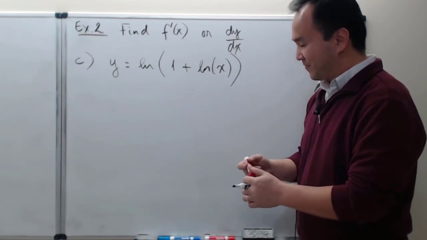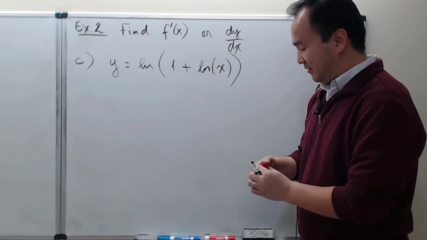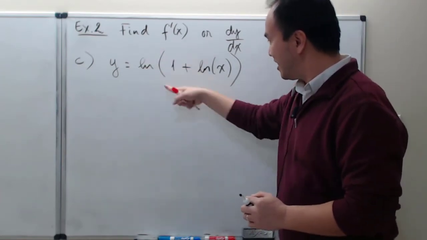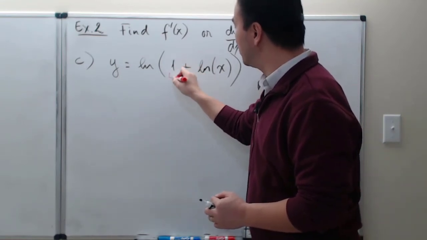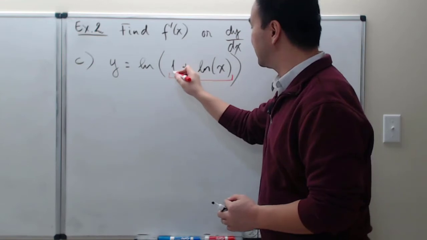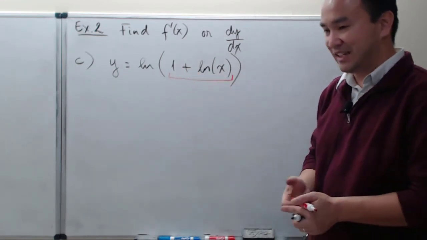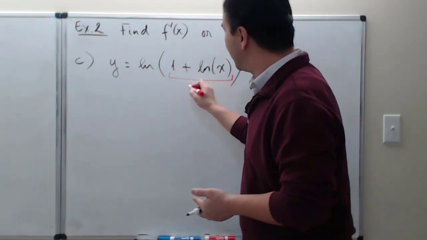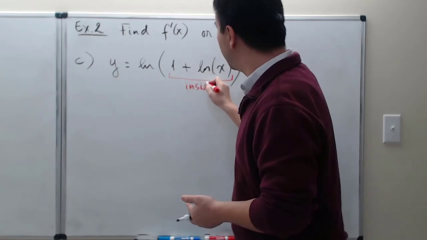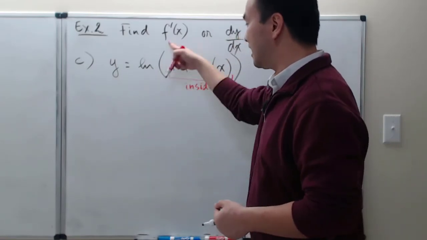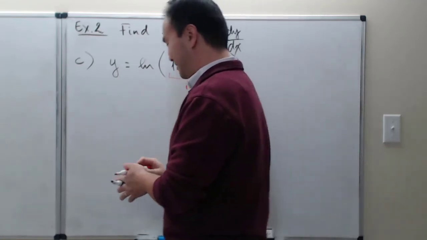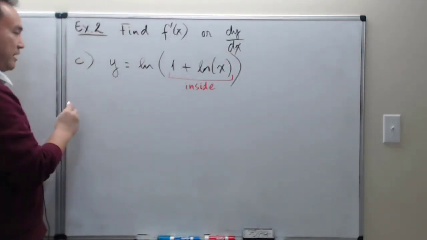So once again, I see there's a natural log, and inside of the natural log, instead of one usual or ordinary x, here it's an expression instead of the ordinary x, and that's all I need to point out. So we can regard this as the inside. Okay, and so the outside is simply natural log of whatever that inside is. So let's go ahead and formulate that.